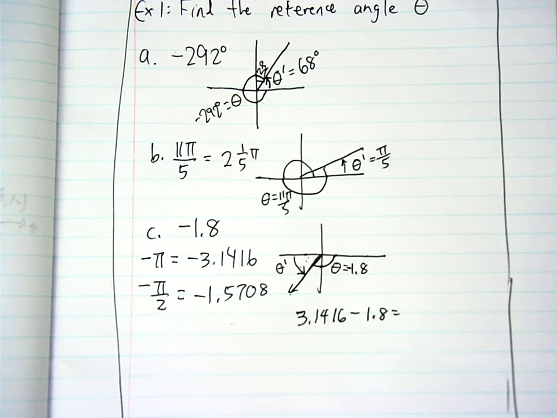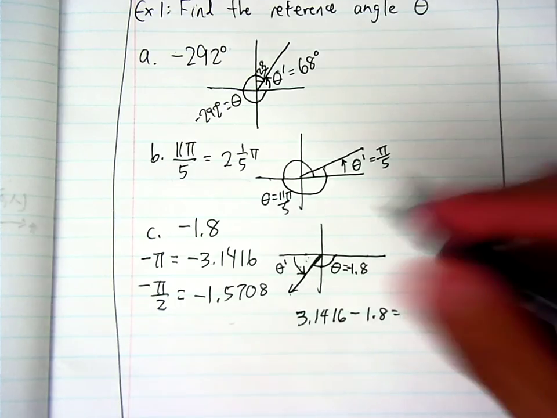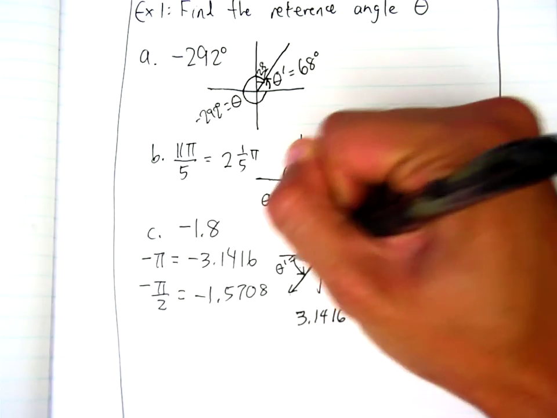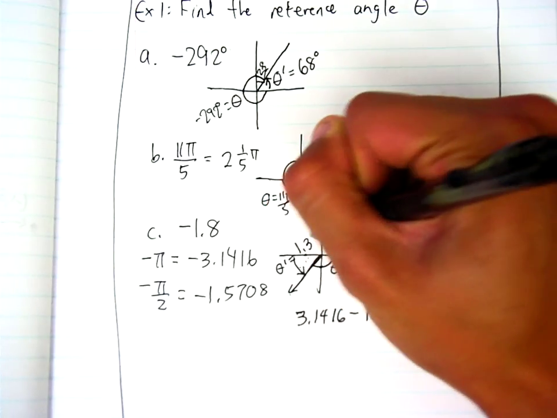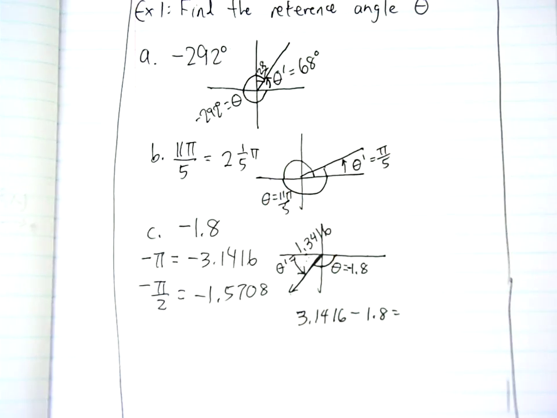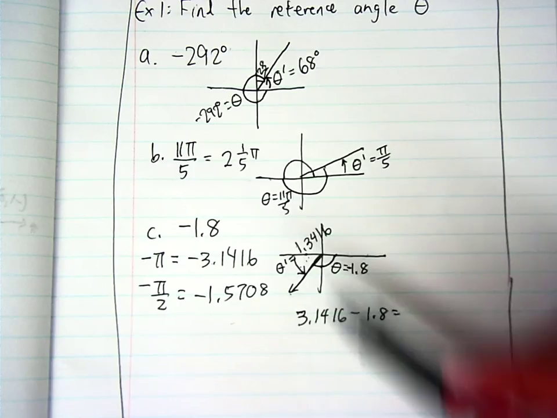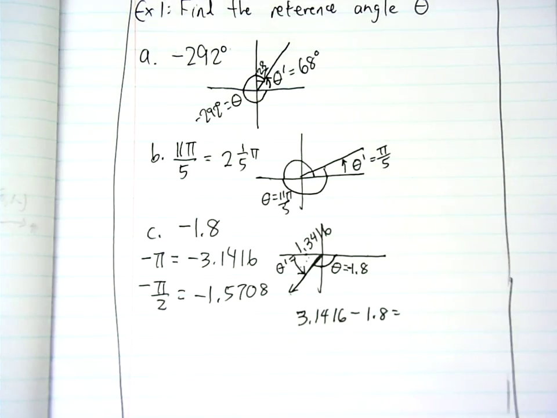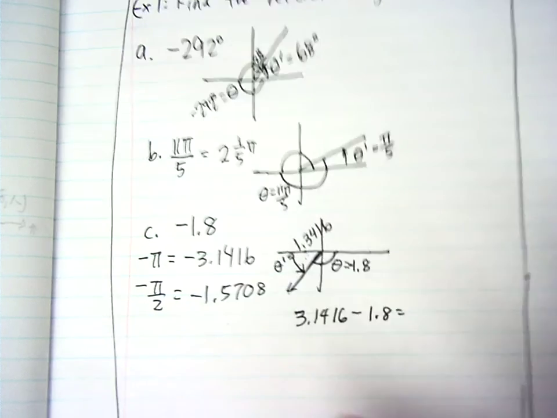Putting it into my calculator, this reference angle is 1.3416. So my theta prime is 1.3416 radians.